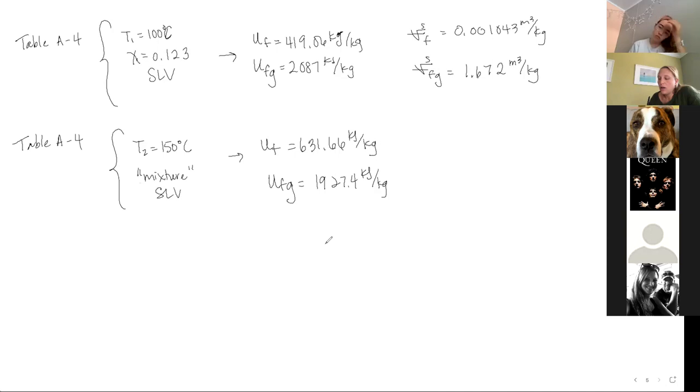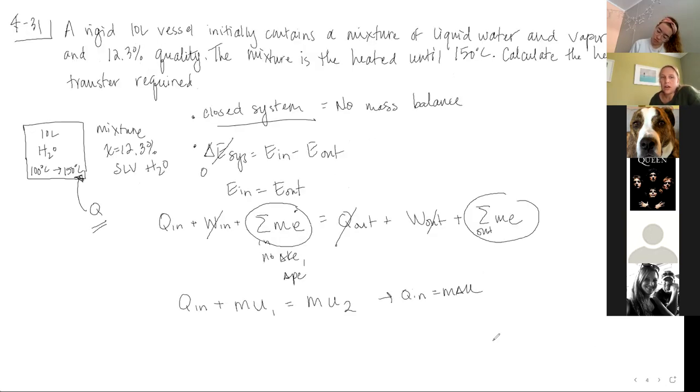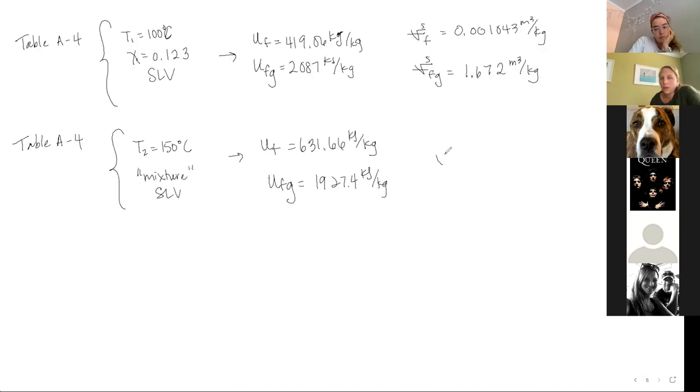I could also look up my specific volumes for this condition, but the thing is, my container is a rigid vessel, so you really only need to fix it with the specific volume at one point, because your specific volume at state 2 should be equal to your specific volume at state 1.